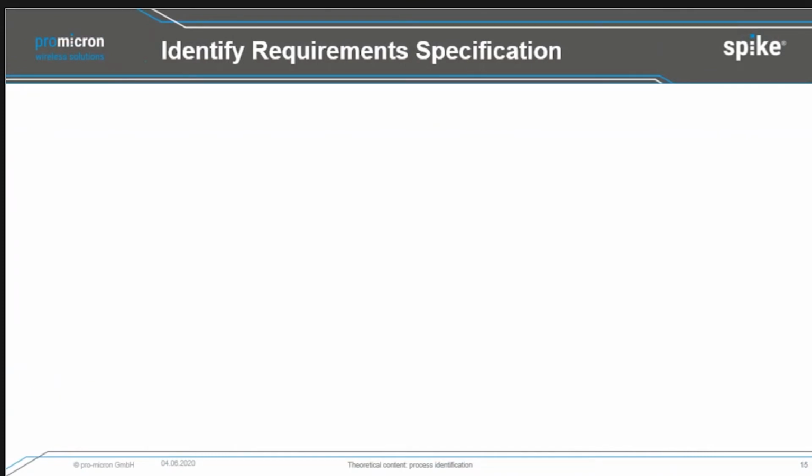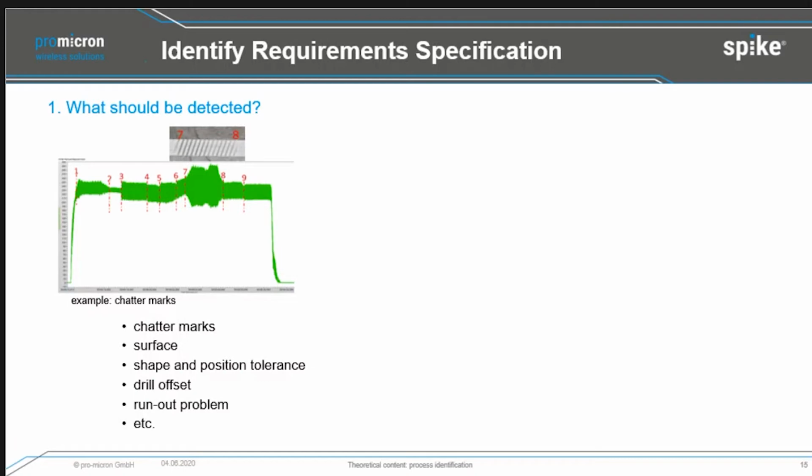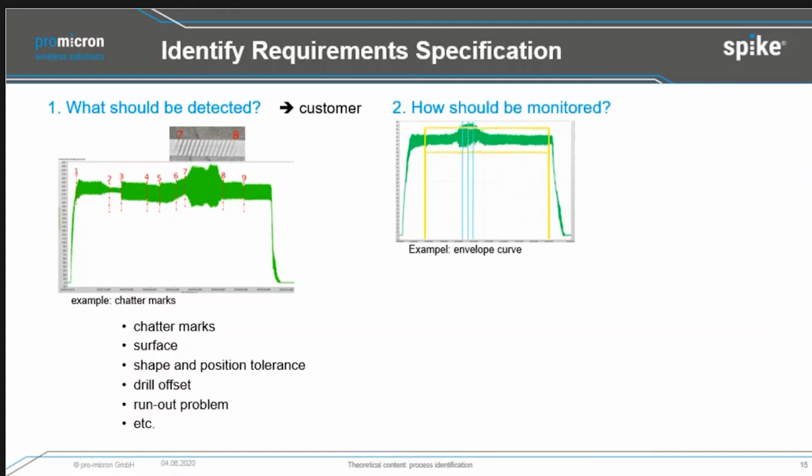So identify requirements and specifications. As said, what should be detected? In this case, it was chatter marks. It could also be surface, shape, position tolerance, drill offset, whatsoever. As said, this needs to be told to us by you. Now, since we generated the data, we as pro-micron are then able to say, all right, how should or how could we monitor this problem?